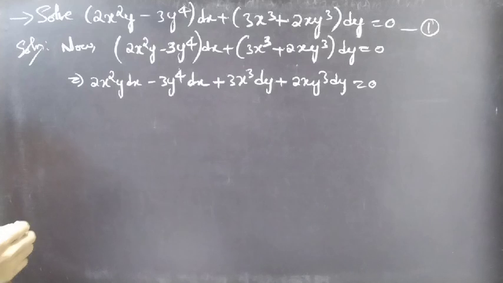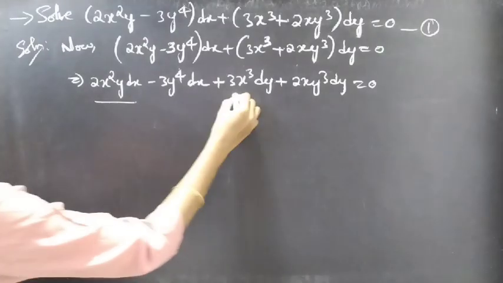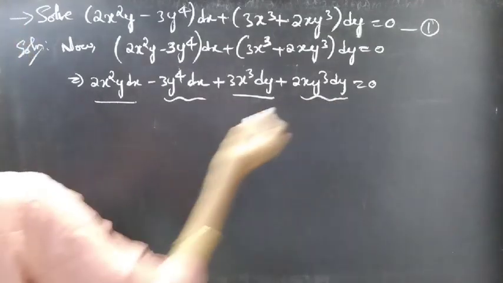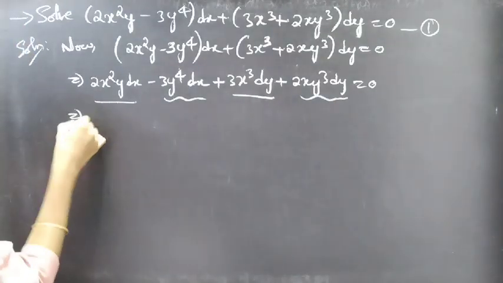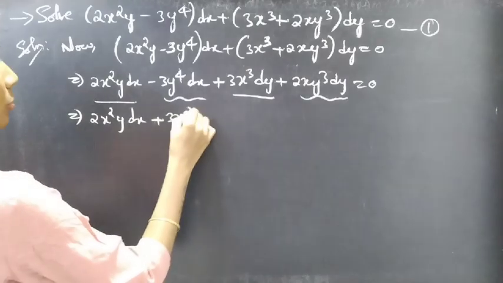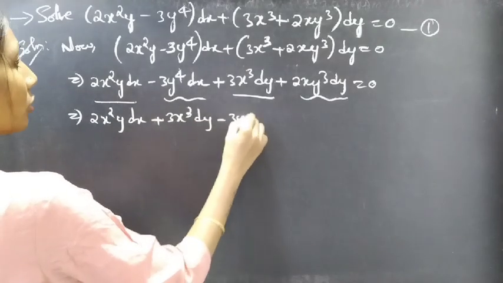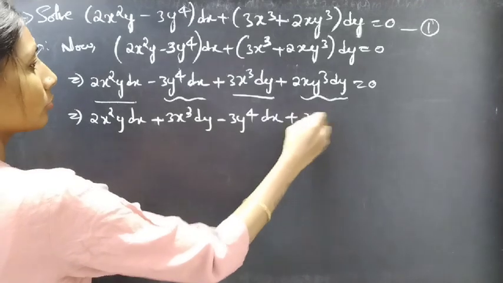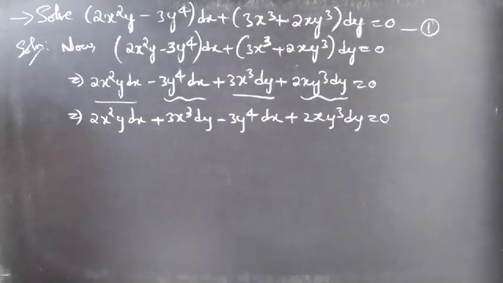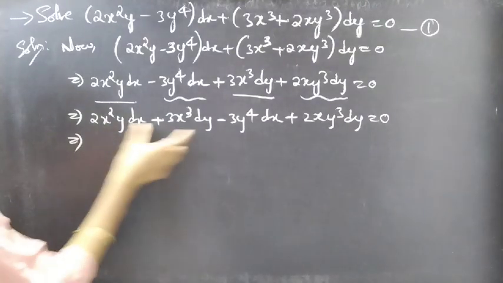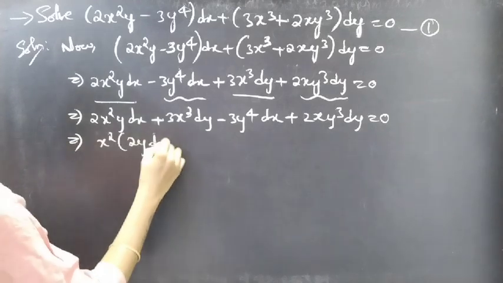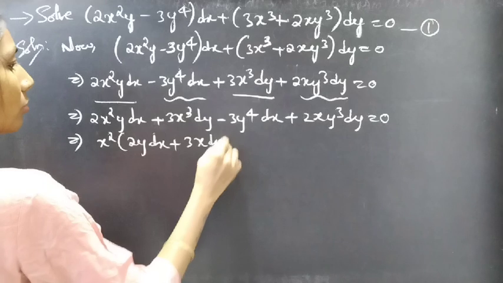And you can take x square common from the first term and the third term, and y cube common from the second term and the last term. Let's now take x square common from the first and third terms. We'll get x square into (2y dx plus 3x dy).